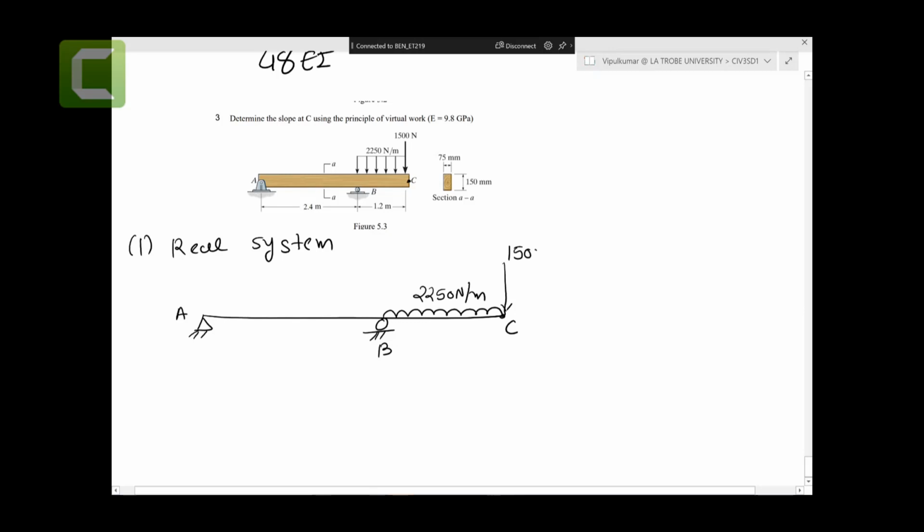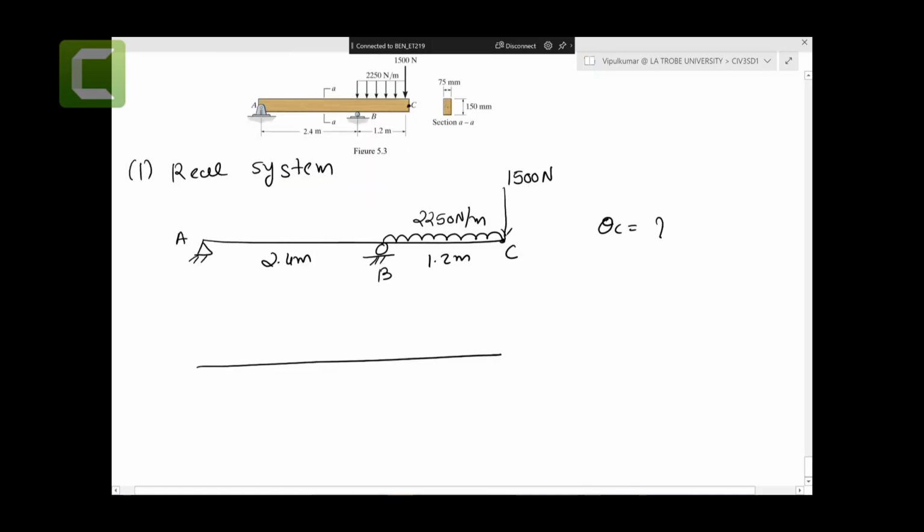Just check the units: 1500 newtons, 2.4 meters, 1.2 meters. Right, and we need to find the slope theta C using the virtual work method.